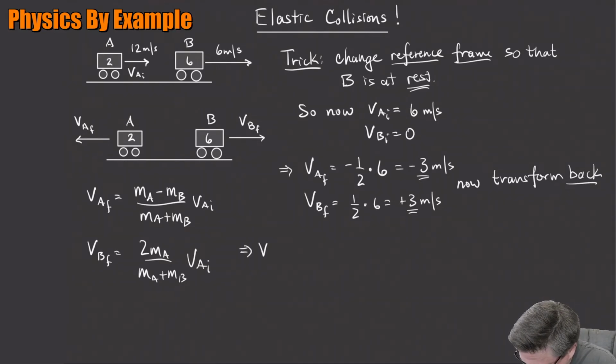So VA final, if I add 6, I get +3. And VB final, if I add 6, is going to be +9.